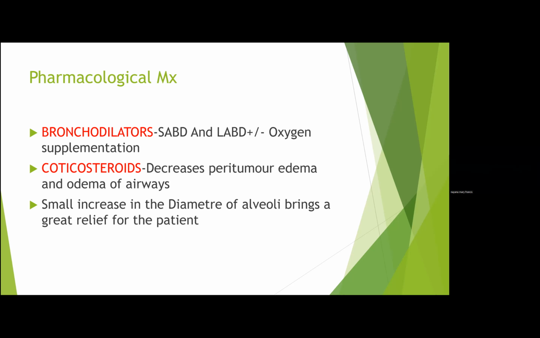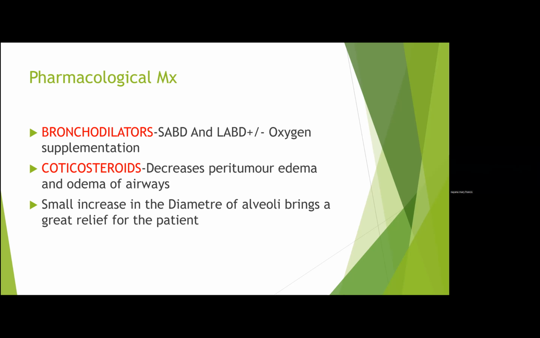In patients with lung cancers or lung tumors, the tumor size will reduce. When the peritumor edema reduces, there will be at least a small increase in the diameter of the alveoli.